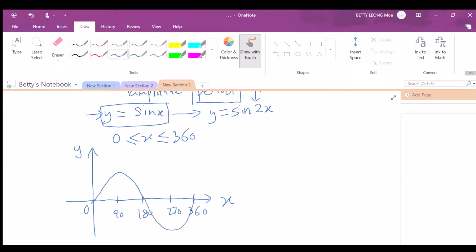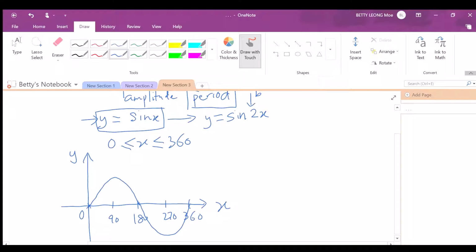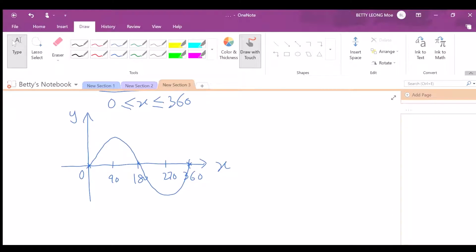The complete cycle will stop here. This is called your period, one complete cycle, at 360 degrees.